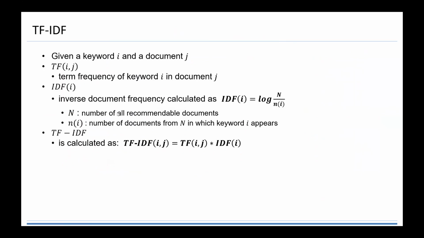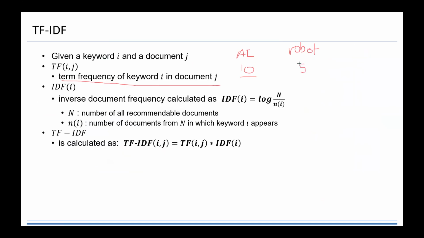Given the keyword i and a document j, we have TF i,j, the term frequency. Like I mentioned, if the word AI appears 10 times in the document, we can just put the number 10. If the word robot appears only 5 times, then we put 5.